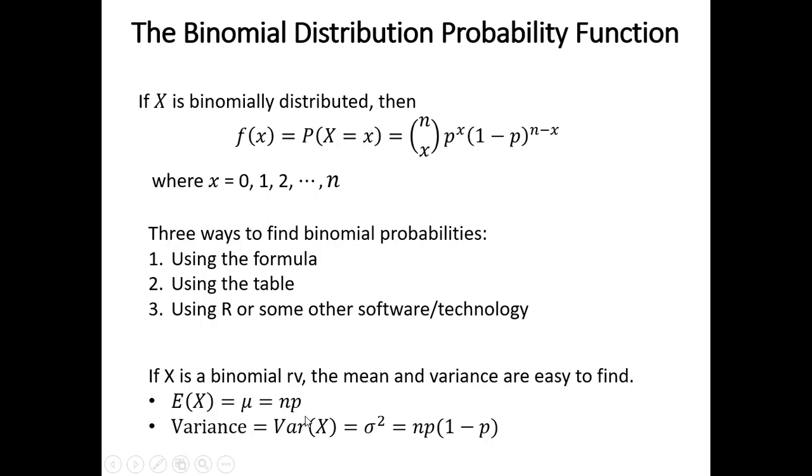Very quickly you get a mean, and the variance, not much harder, n times p times 1 minus p. So that's much faster to get it like this compared to the other formulas that I was showing you before. But remember, this is only true for a binomial random variable. But still, this will come up often later on in the course.